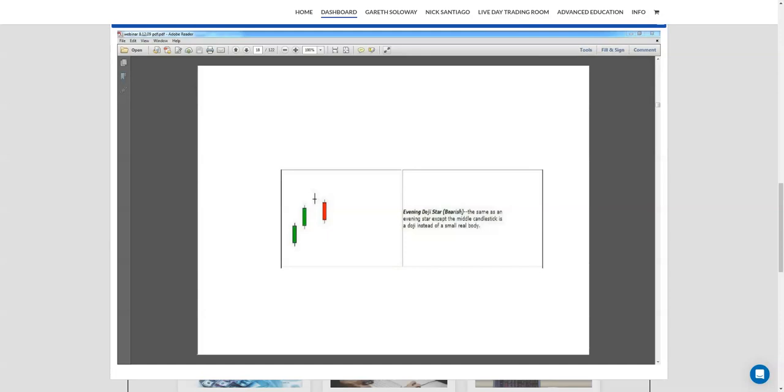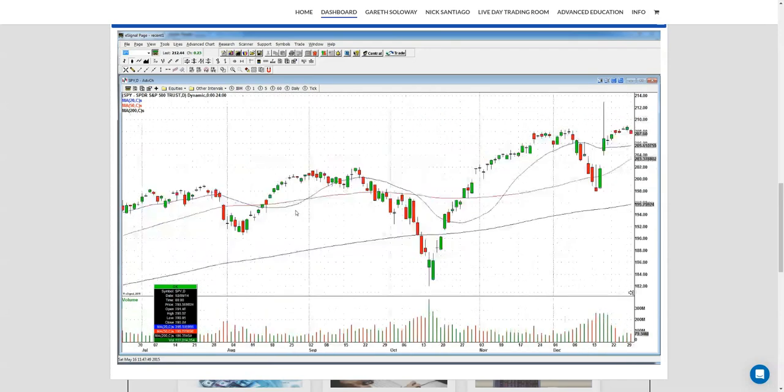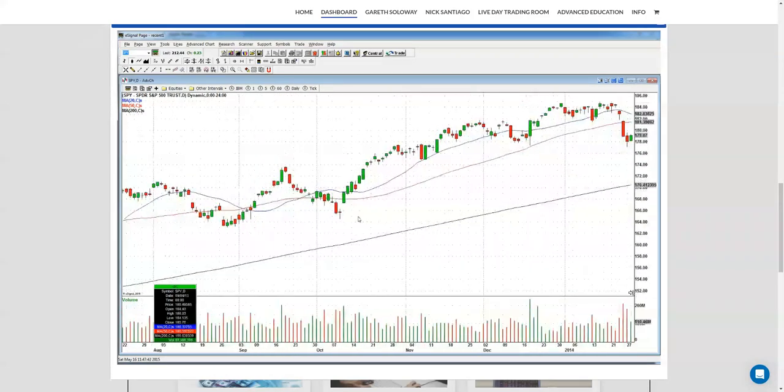Kevin is asking, is multiple of 7 valid for a time count? Yes. Multiples of 3s, multiples of 7 are valid. Remember that example I showed you of the S&P? All the way back here.